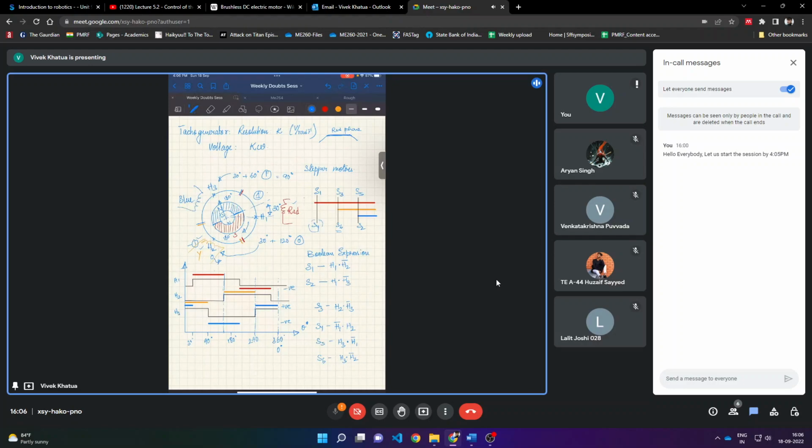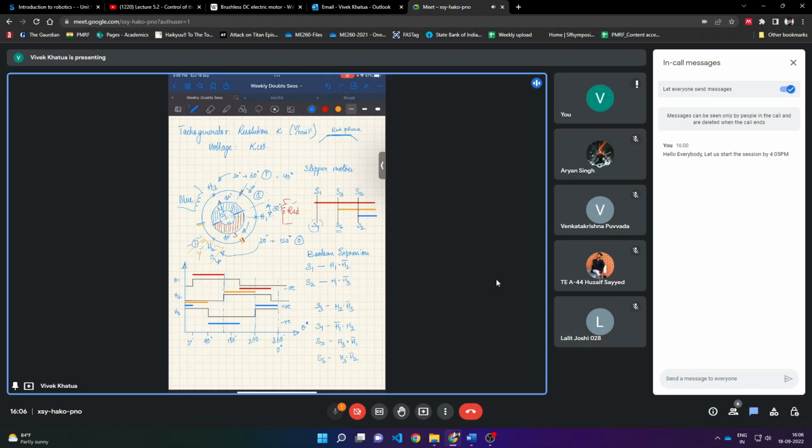So something like this will be the motor construction. This red phase will be 180 degrees. Where my rotor starts is my 0 degrees. It will be 30 degrees inside when the motor starts.